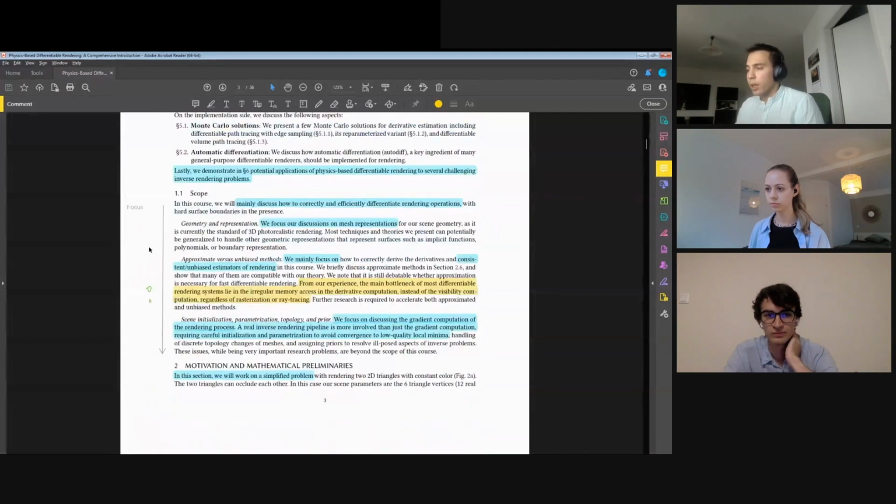So they mention that we are focusing on physics-based techniques rather than rough approximations. And it may be important to note, by the way, that I color-coded the course notes. The yellow ones are mid-priority, the red highlights are high priority, and the blue ones are low priority. So I will definitely be skipping the blue ones.